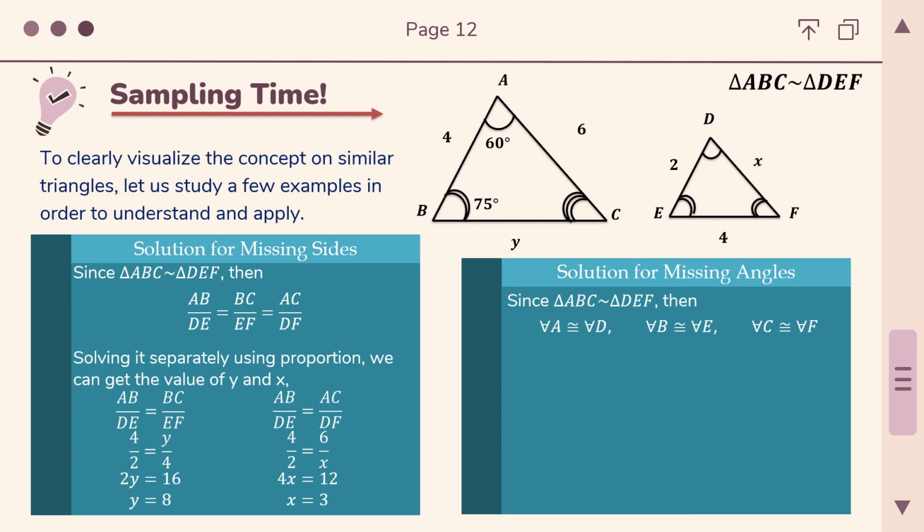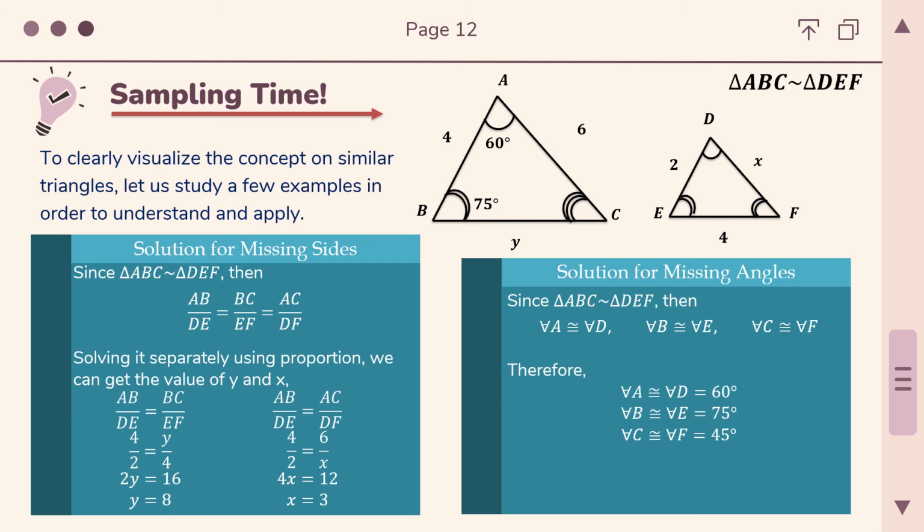Angle C corresponds with angle F, and they are congruent. Therefore, angle A, which is 60 degrees, is congruent with angle D, which is also 60 degrees. Angle B is congruent with angle E. Therefore, angle E should also be 75 degrees. Angle C is congruent with the angle F, which is 45.